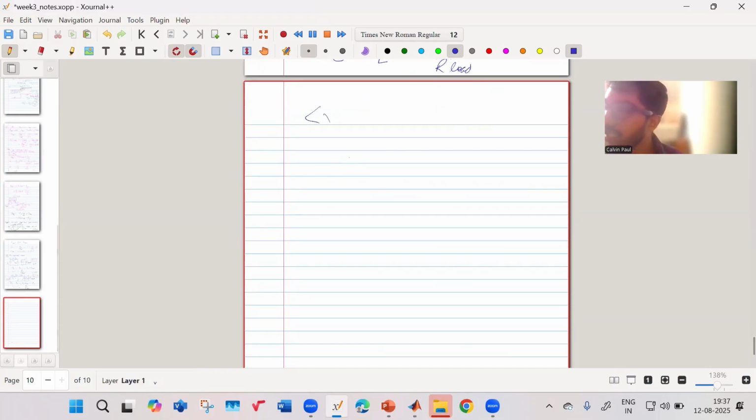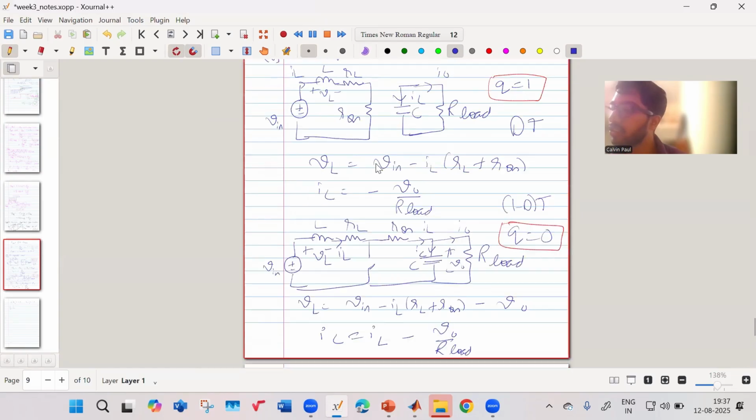Now we know the average VL is 0 and the average IC is 0. So what is the average VL? That is 1 by T into: what is my voltage when it is on?